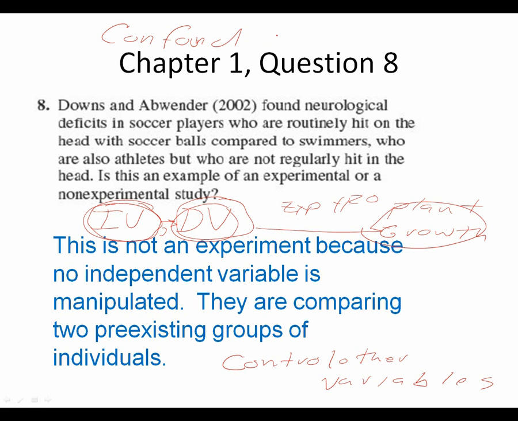So let's say that inadvertently I gave the two experimental sample groups different amounts of sunlight. Do you think that would affect the growth rate also? Sure it would. So I would have accidentally introduced a confounding variable, the sunlight, into the experiment. So I must control for those types of variables. And in the plant experiment, I would want to give each group of plants the exact same amount of sunlight.